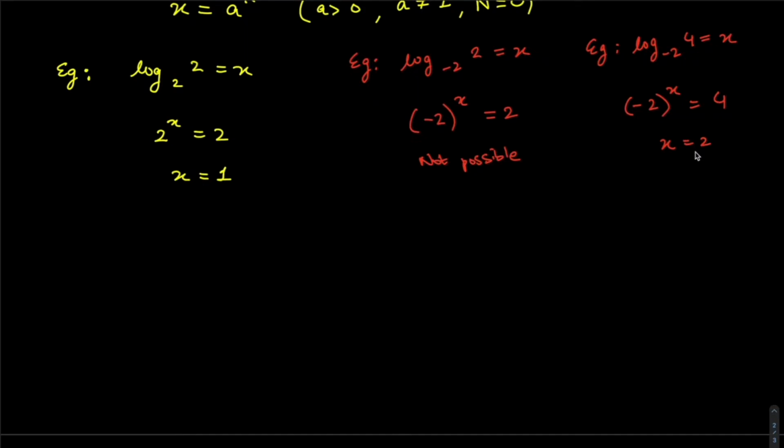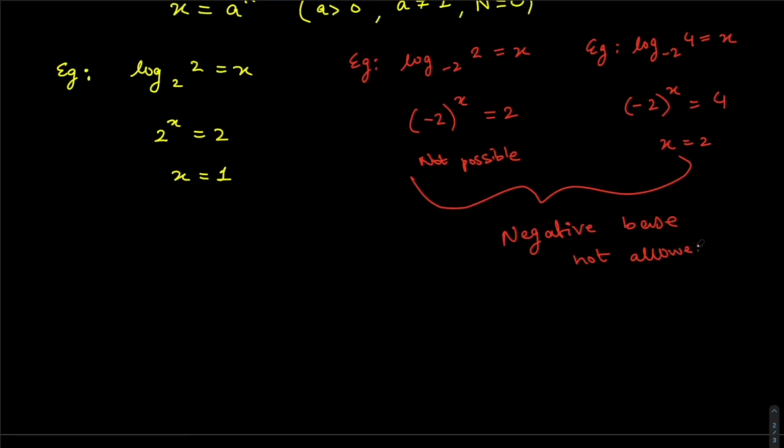Very simple, right? However, again, the issue with this is a negative base is not possible, right? So negative base is not possible, or it's not allowed, okay? So that is important to be aware of, okay? Not allowed, okay? This is key, okay?